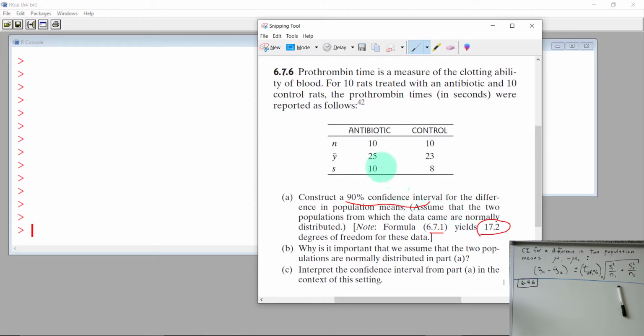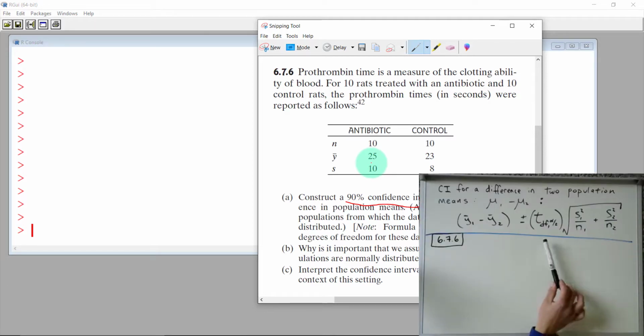We've got our sample size. It looks like it's 10 in each group. It's not required that they have the same sample size, but that's coincidental here. We have the sample mean for each group and the sample standard deviation.